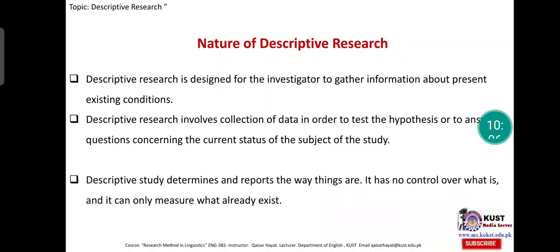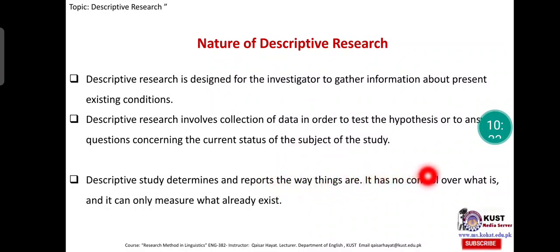Now, descriptive study determines and reports the way things are. It has no control over what is, and it can only measure what already exists. Students, descriptive studies, this type of research, determine and report the way things are, as the things are in present status.